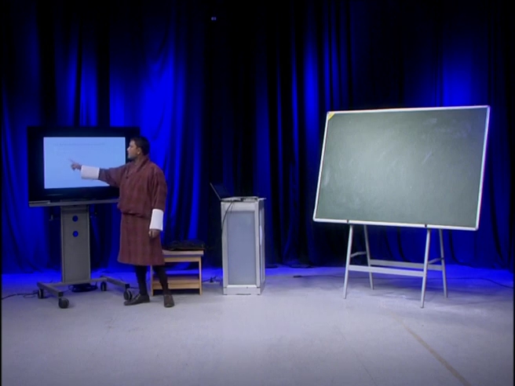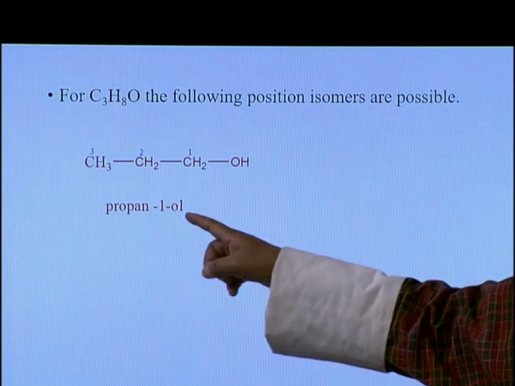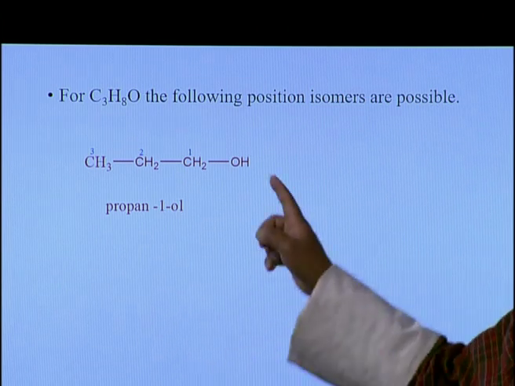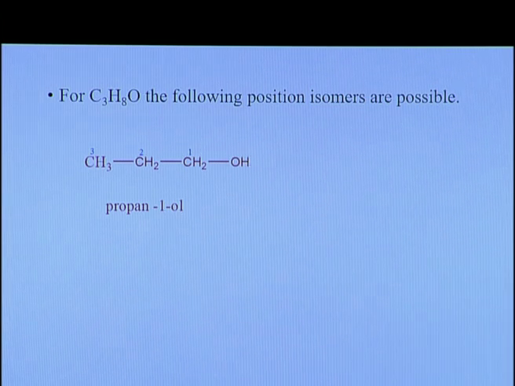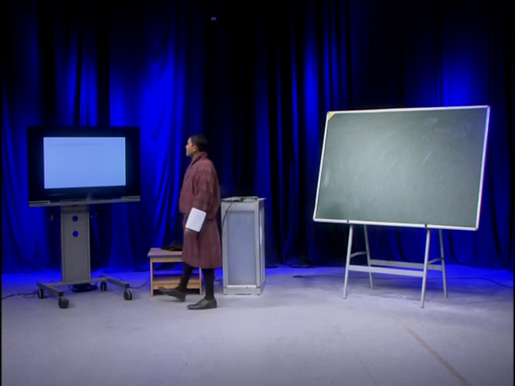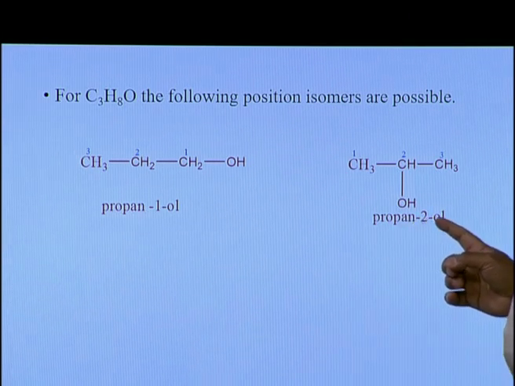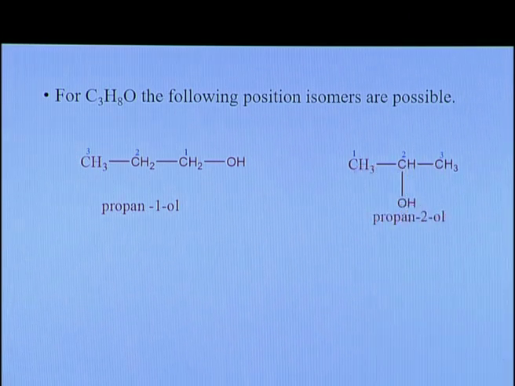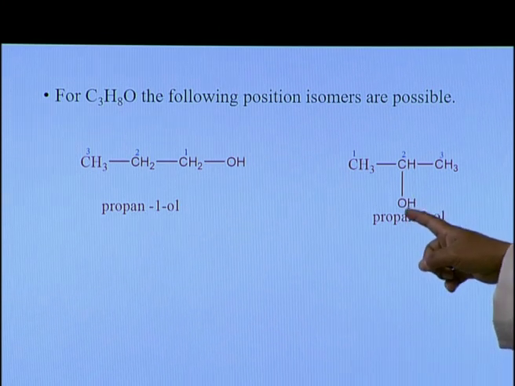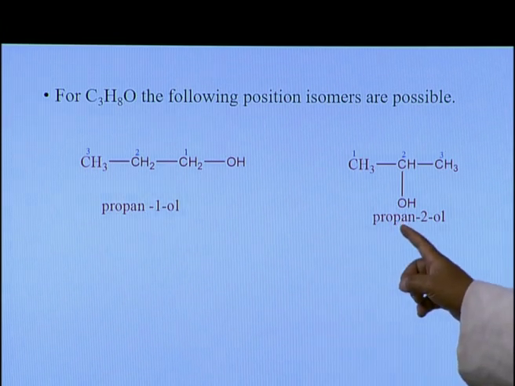Here, the OH group, the functional group of alcohol, is at carbon number 1. Now, we can have the same OH in another position along the carbon chain. So, the second compound is propan-2-ol. Propane has 3 carbon atoms, and 2-ol means the OH group is at carbon number 2. Therefore, it becomes propan-2-ol.